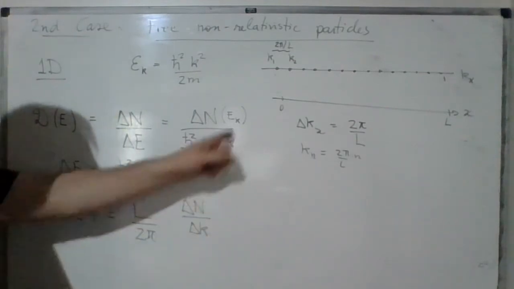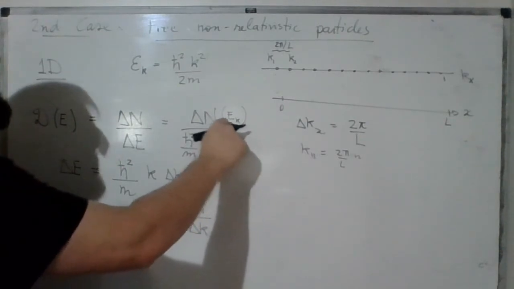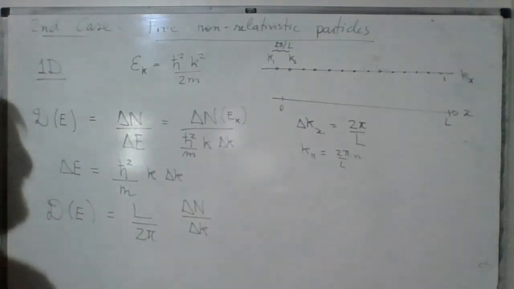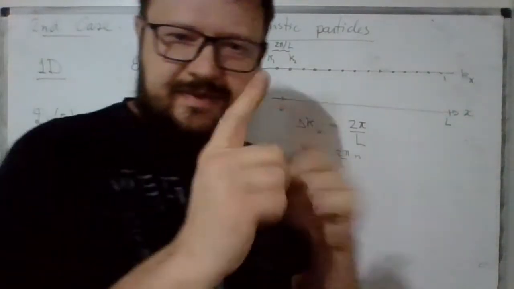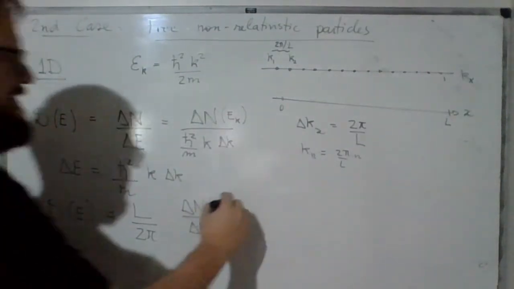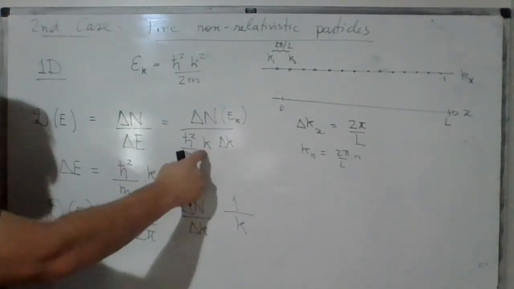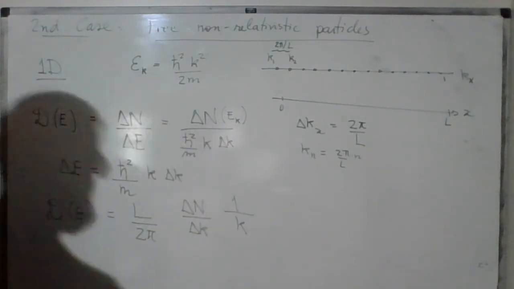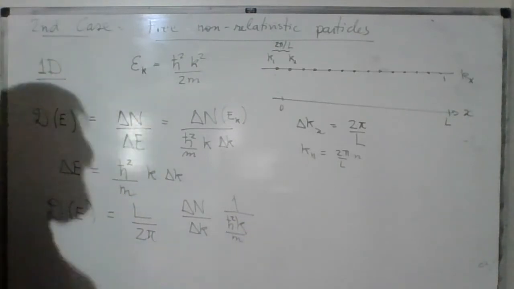I can now count the number of allowed states around the energy E with the given k, provided some delta k around that value, right? And in the end, I need to divide it by 1 over k because it's already here, okay? 1 over k, h bar squared divided by the mass.